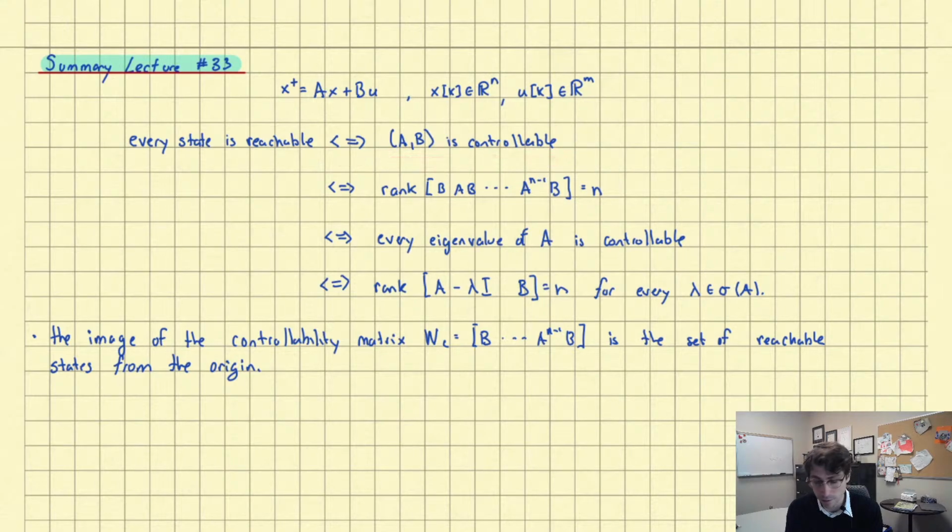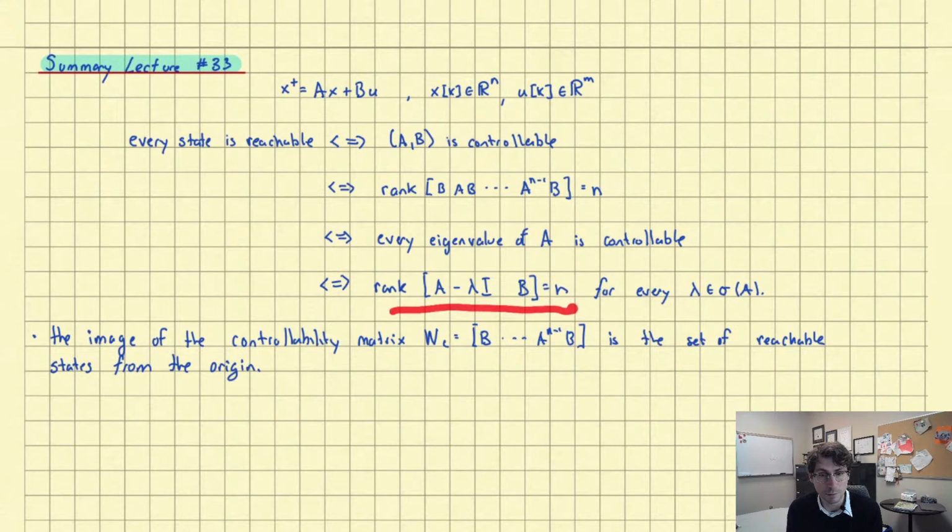In terms of a test, we talked about this controllability matrix here. And A, B is controllable if that controllability matrix has rank n. We gave an alternative test in terms of the eigenvalues of A, that every eigenvalue of A is controllable. In terms of a mathematical test, it's another rank test.